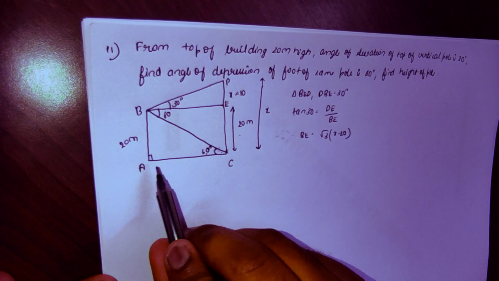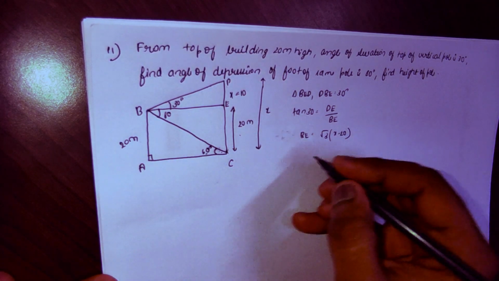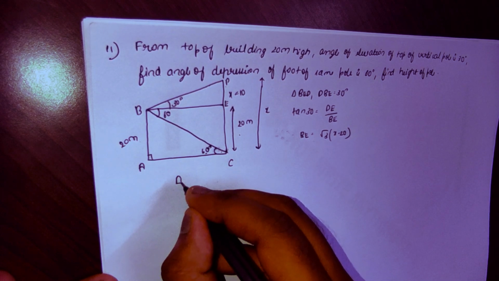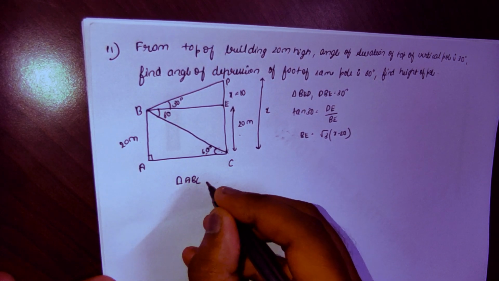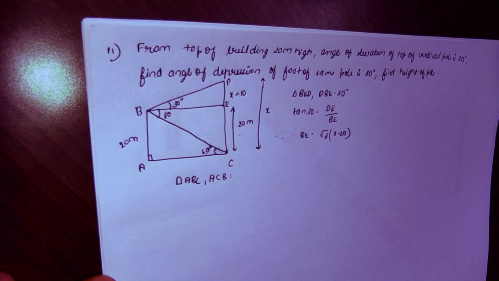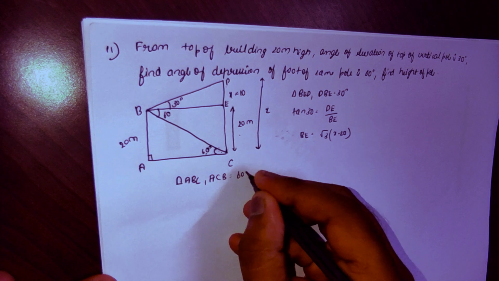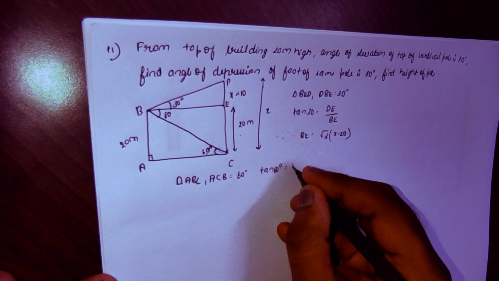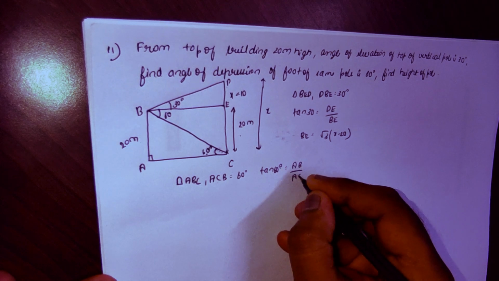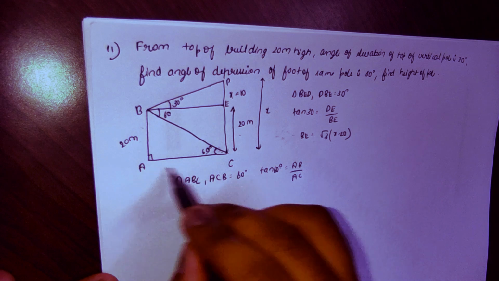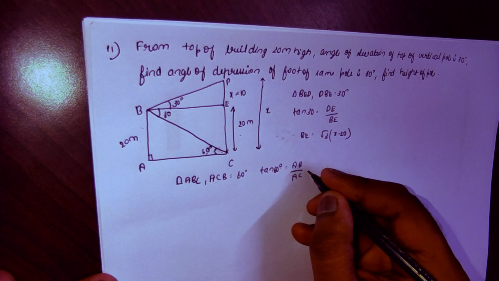We will take triangle ABC. This triangle we will take. Triangle ABC, angle ACB is 60 degree. So tan 60 is equal to AB by AC, that is opposite by adjacent side, that is AC.